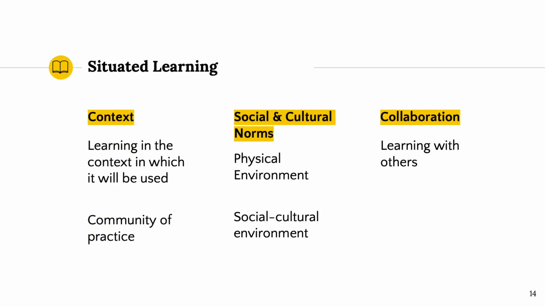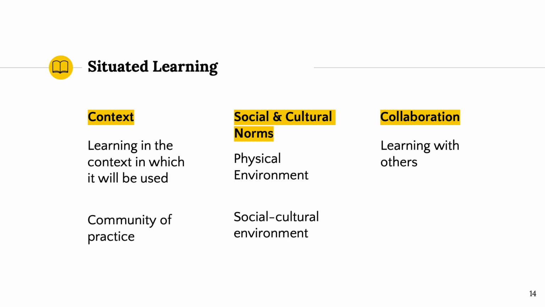In developing both the questionnaire and its analysis, we used Lave and Wagner's situated learning as a framework. Situated learning is a theory that emphasizes the importance of learning within the context in which it will later be used. Accordingly, learning is not just the acquisition of information, but a process of becoming a member of a community of practice through active participation in the context in which the knowledge and skill will be used.